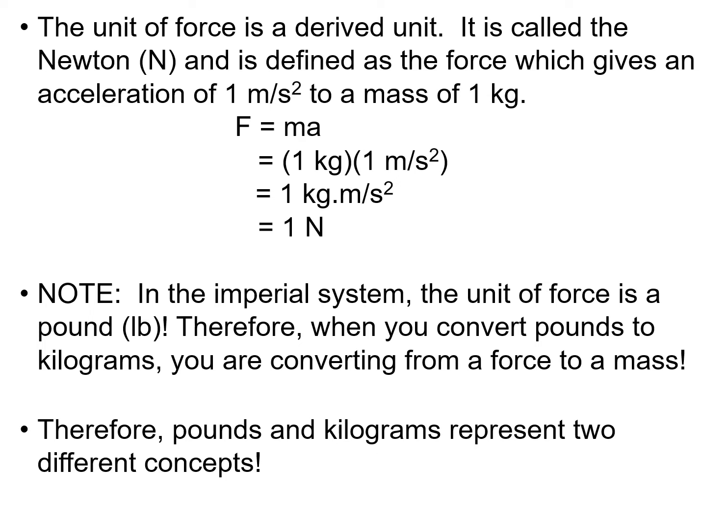If your velocity changes, you either change your direction, you were heading north, now you're heading east, or you change your magnitude, your speed. You're going 65 miles an hour and now you're going 70, you sped up, or you're slowing down, you were going 65 and now you're going 50. Then there's an acceleration because you have changed your velocity.